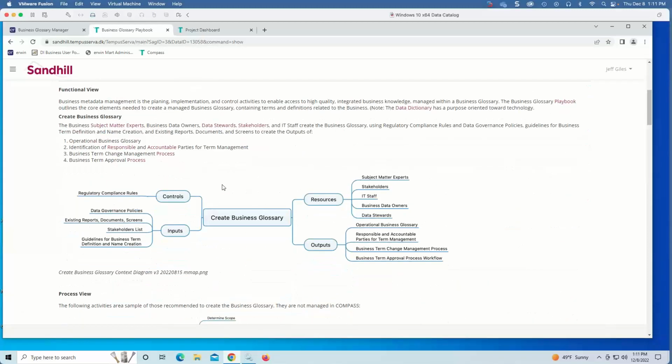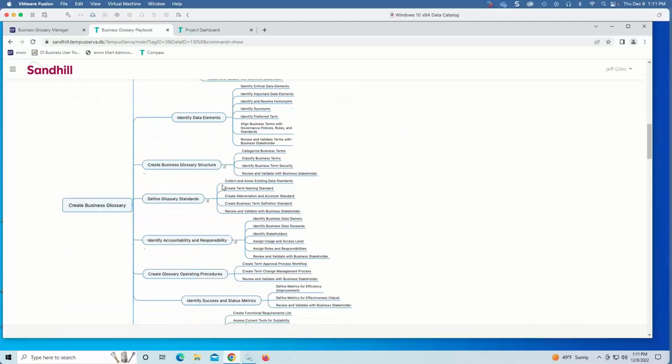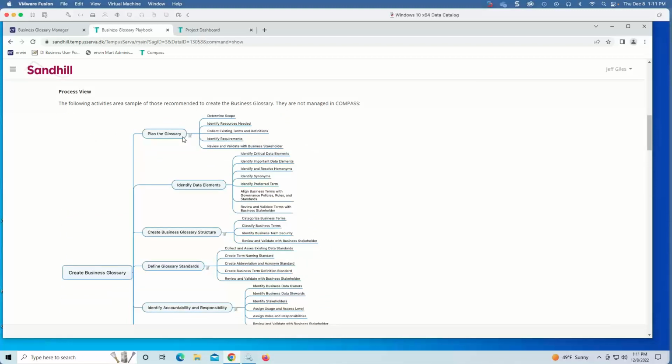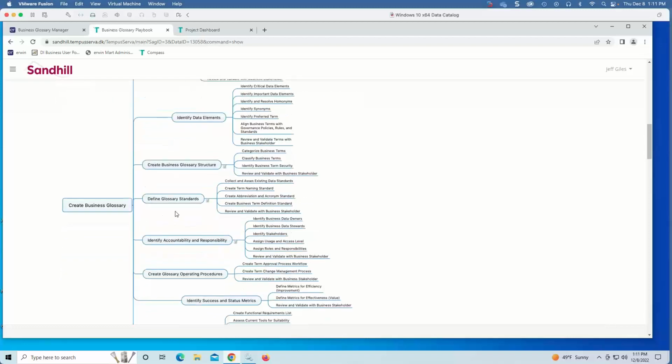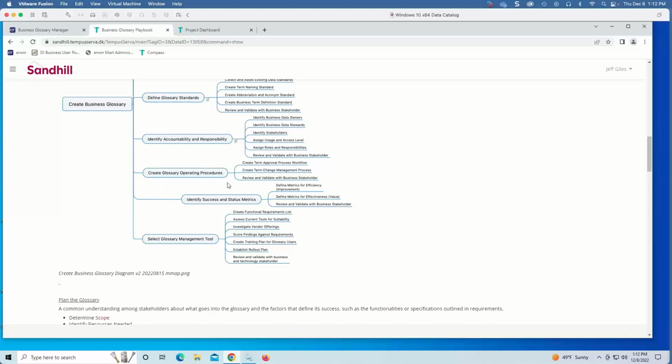There's a playbook concept within data governance, which says that we have to plan for the glossary first, identify the data elements that we're going to put in it, create some structure or hierarchy or taxonomy around it, define the standards that we want to have for putting in glossary terms and definitions, identify who is going to be accountable and responsible for the business glossary, and then the operating procedures such as compliance, to make sure that something is to standard.